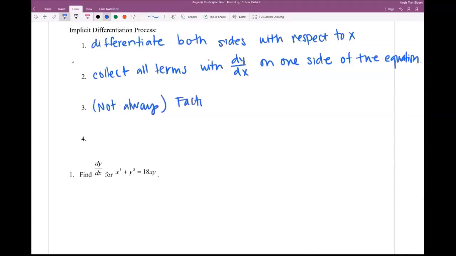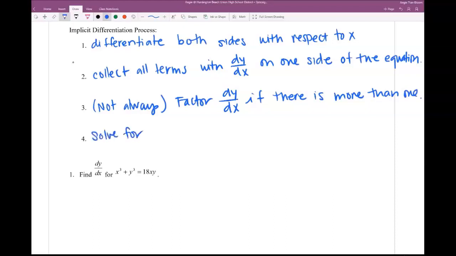Factor out your dy dx if there is more than one. Then last one, solve for dy dx, okay, which is the same as y prime, which is the same as d y over d x.